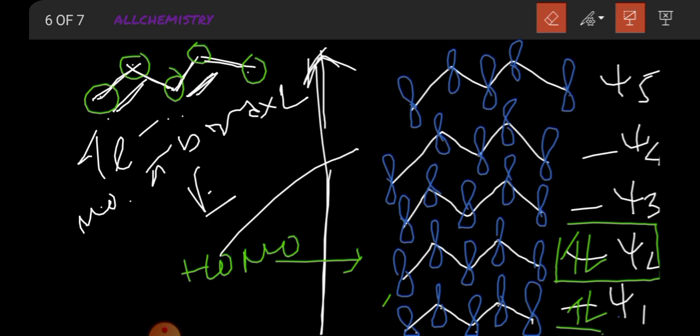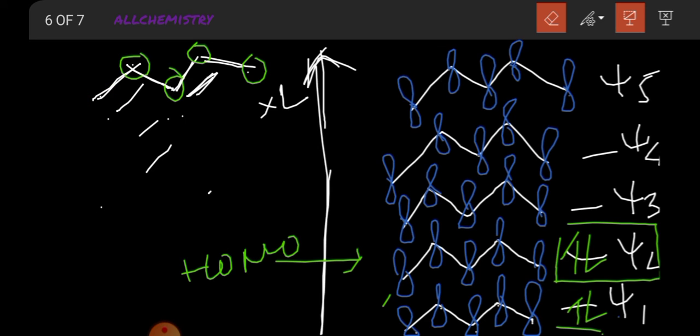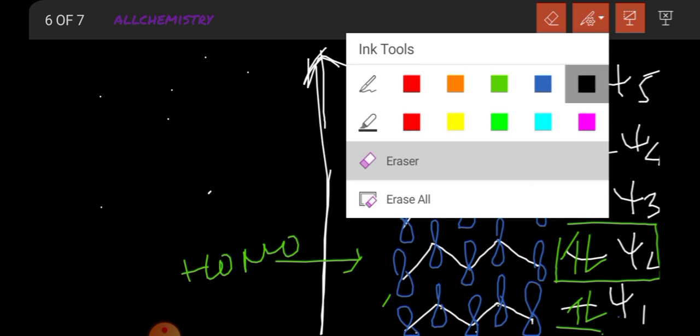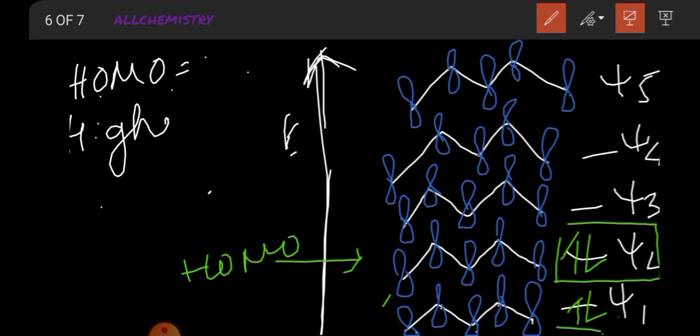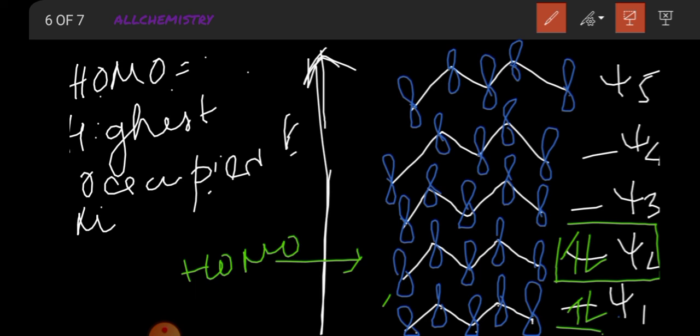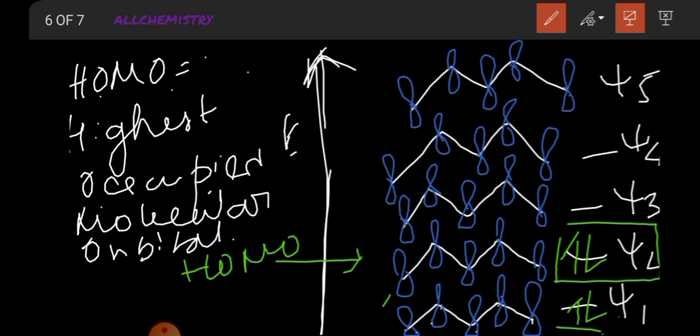HOMO means highest occupied molecular orbital. And the lowest one which is vacant, that will be LUMO.